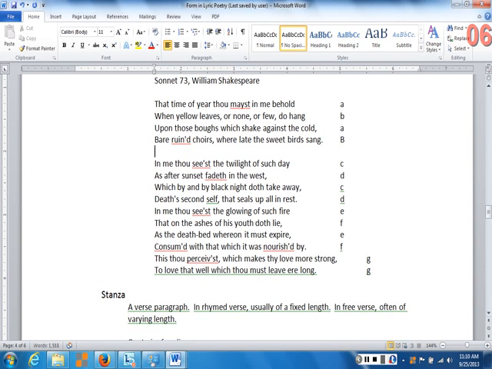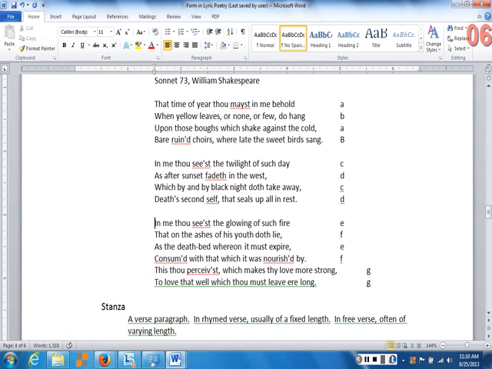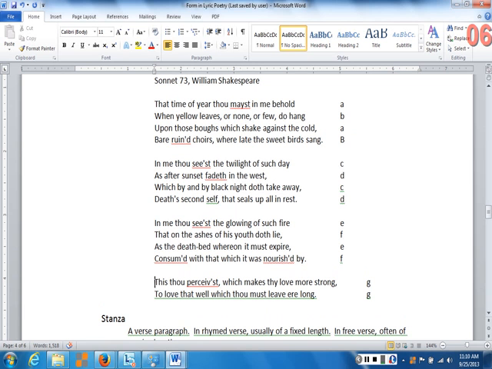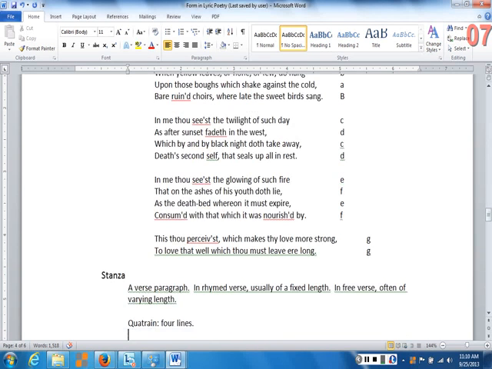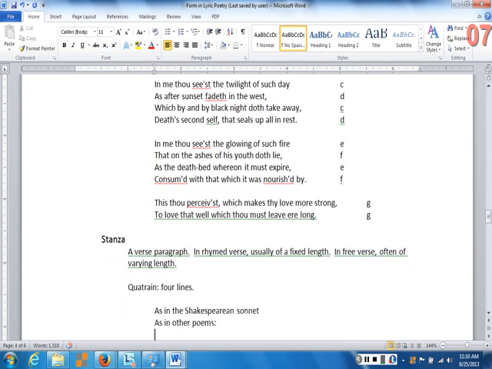But we're going to go back to our breaks here, just so I don't confuse you, all right? Stanza is going to be a clearly identified unit of a certain group of lines. All right, so we've got the quatrain.